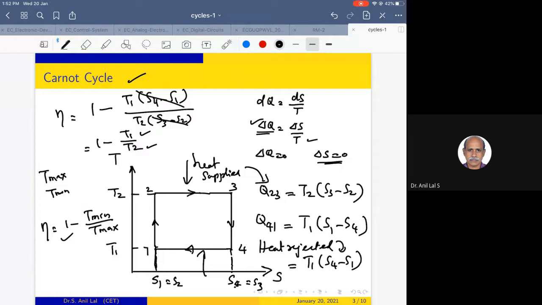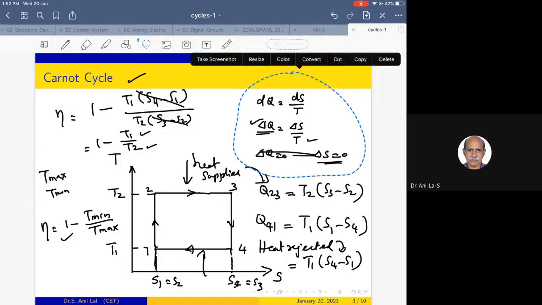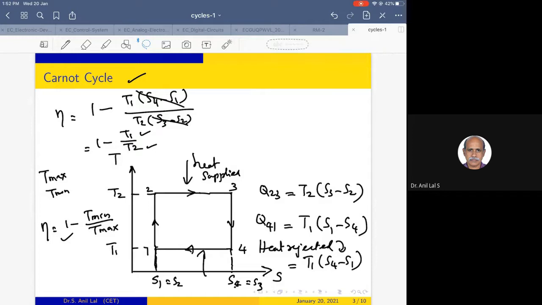Now one point should come to your mind: I am finding the ratio of temperatures, so in which scale will you measure the temperature? We commonly use different scales of temperature: Fahrenheit, degree centigrade, degree Kelvin.